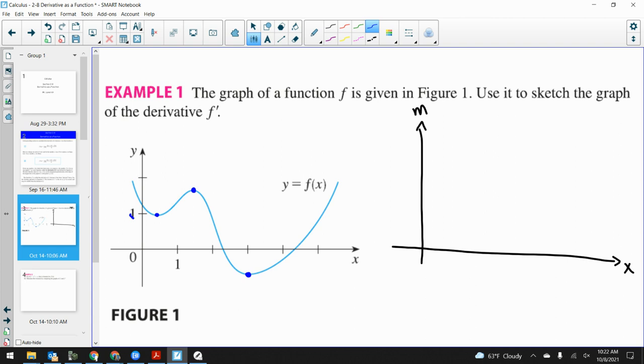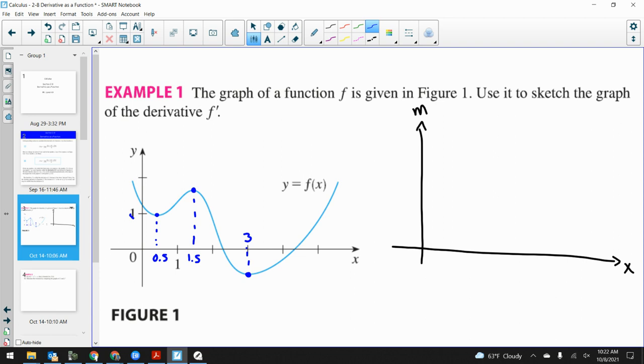So what's happening at each one of those critical points? What's the slope? 0. So at x equals, that looks like about 0.5, x equals 1.5, and at x equals 3, I have these coordinates where if the input is 0.5, 1.5, or 3, the output is 0.